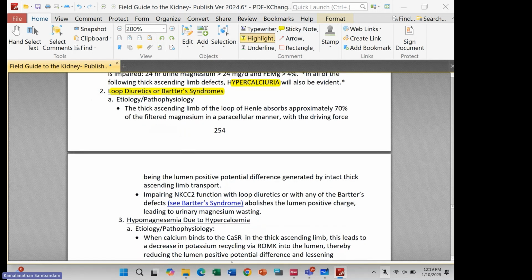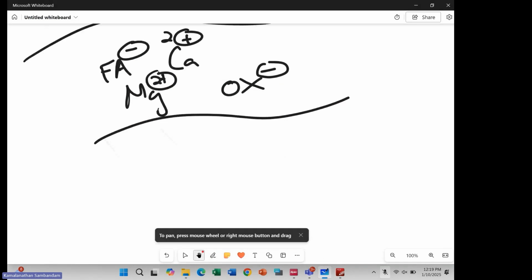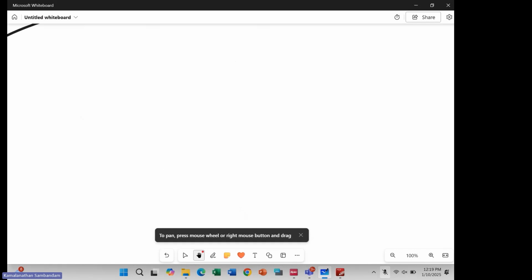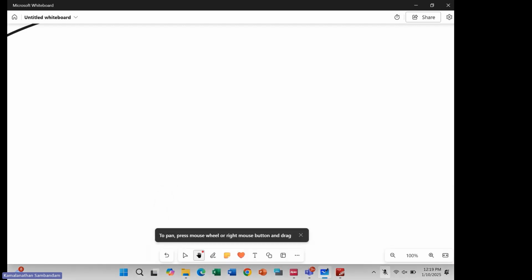But interestingly, even though more of your filtered calcium and magnesium is reabsorbed in the thick ascending limb than in the distal convoluted tubule, in fact, magnesium is unique in being a solute that is mostly reclaimed in the thick ascending limb. So in most other instances, most of your filtered load of a solute is reabsorbed in the proximal nephron.